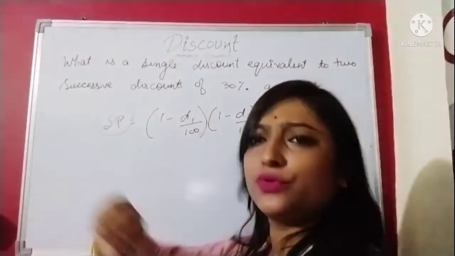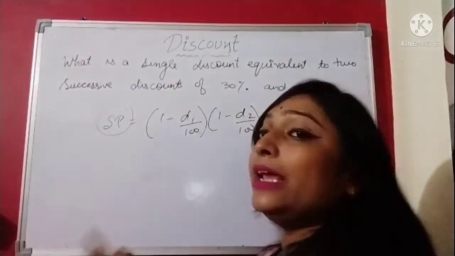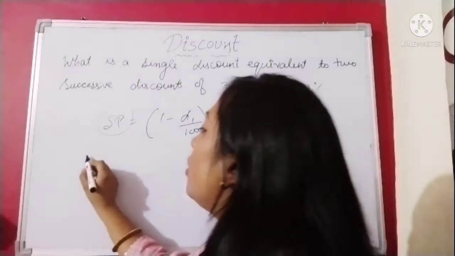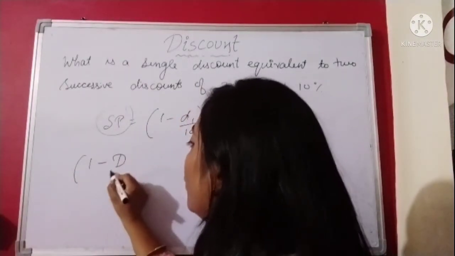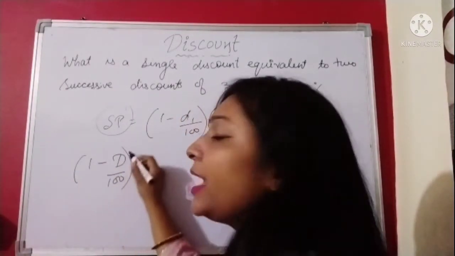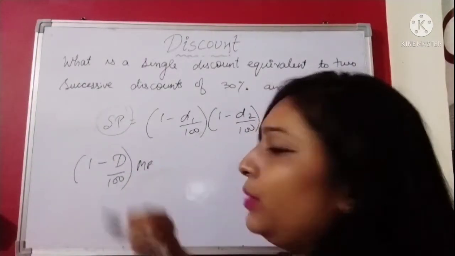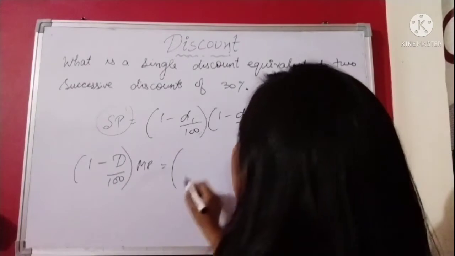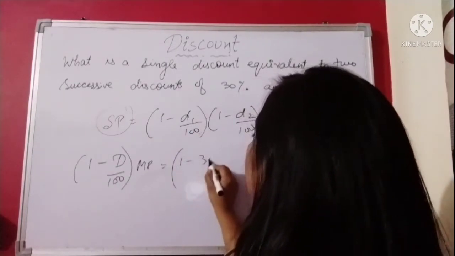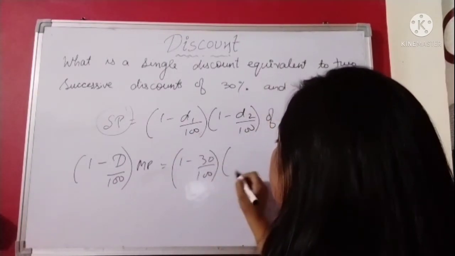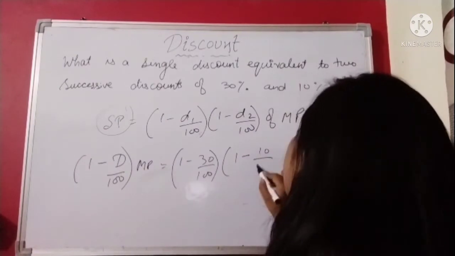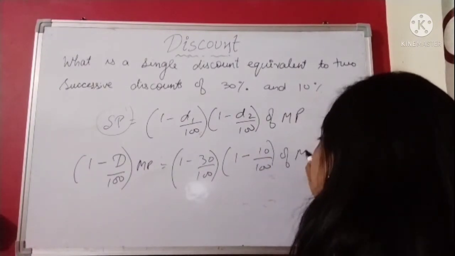But we are not supposed to find SP here, we have to find the equivalent discount. So we already have discussed one more formula of selling price when we have discount percent. So we will apply that formula over here and substitute the values which are given to us. Here it is 1 minus 30 upon 100, 1 minus 10 upon 100 of MP, right?